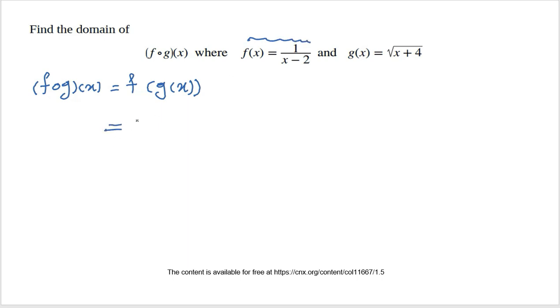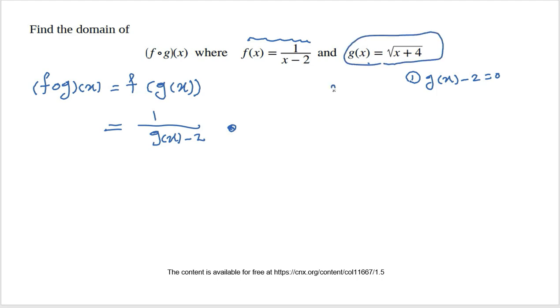So f of g of x is 1 over g of x minus 2. So we want to find the domain of this fraction. g of x minus 2 is equal to 0. One equation we need to solve, and g of x also is a square root. So x plus 4 must be greater than or equal to 0.